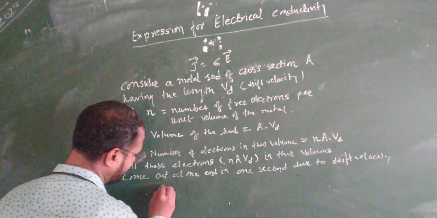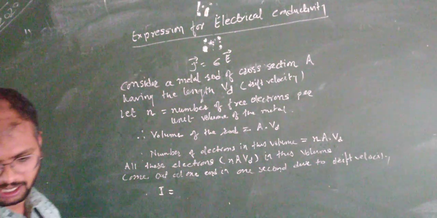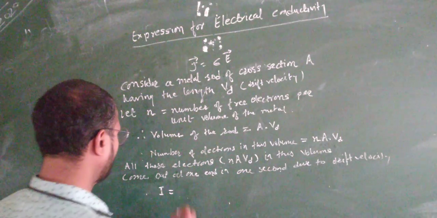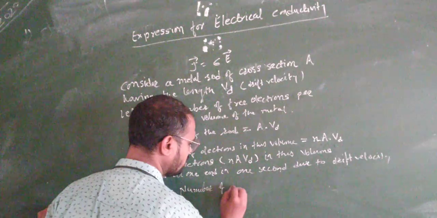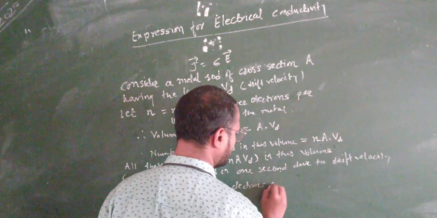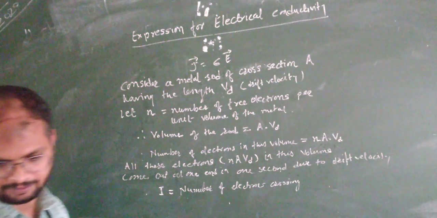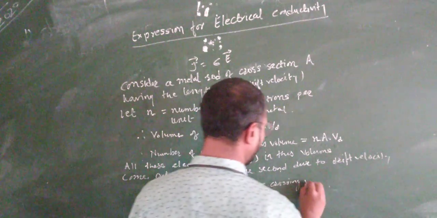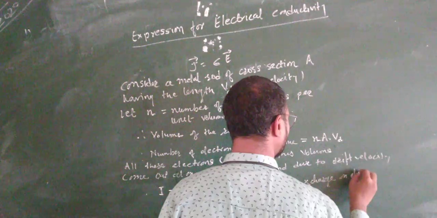So I, that is the current, is equal to what? That is the number of electrons crossing per second multiplied by the charge on the electron.